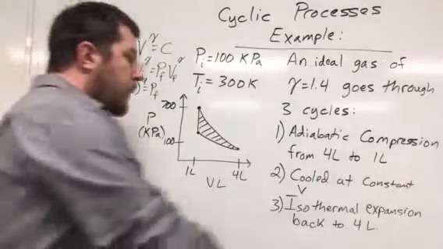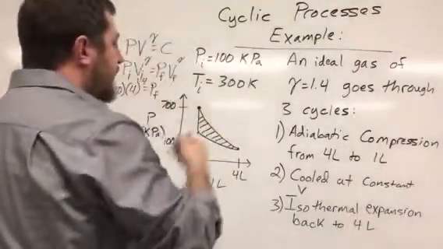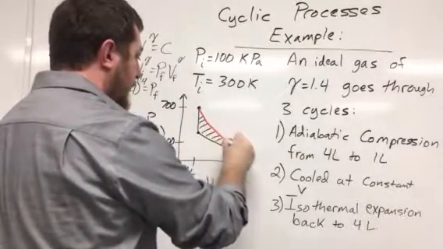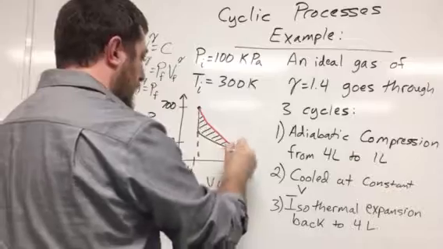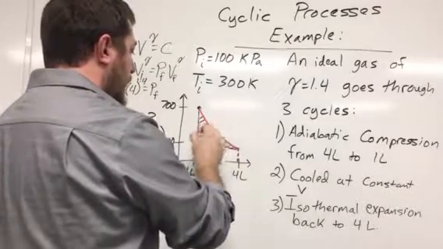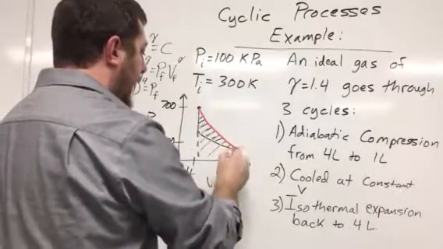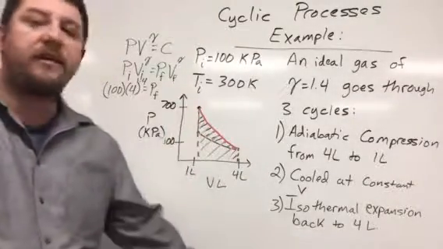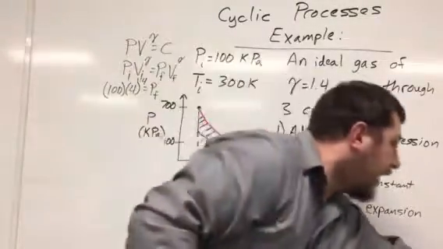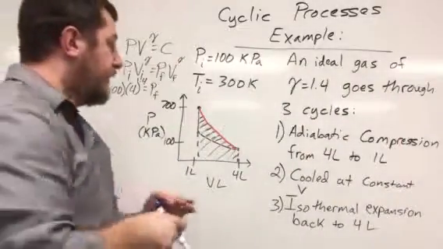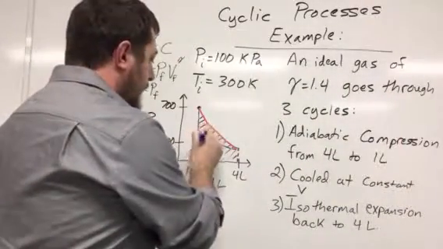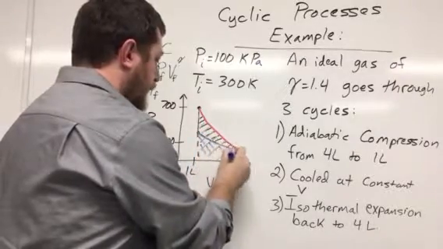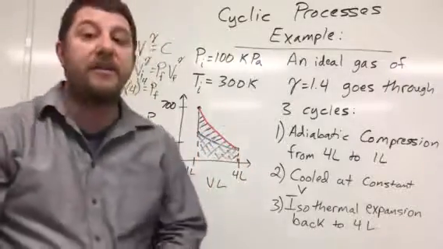So we want to find the area underneath the adiabat, the area under the adiabat. That's what that line is called. An adiabatic line connecting 2 points is an adiabat. And then we want to subtract off the area under the isotherm.